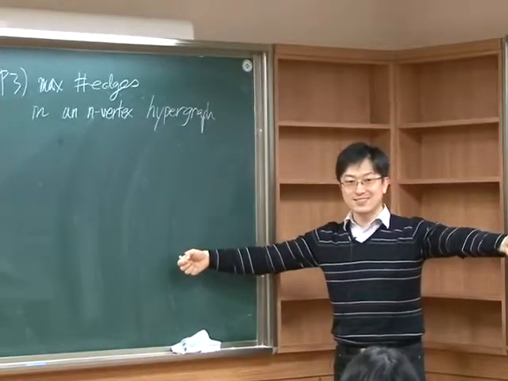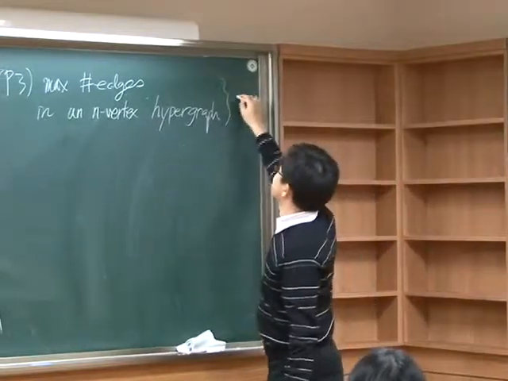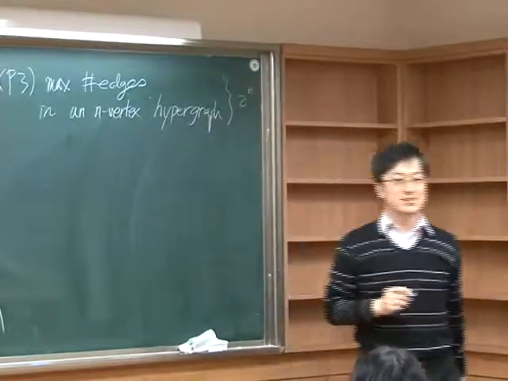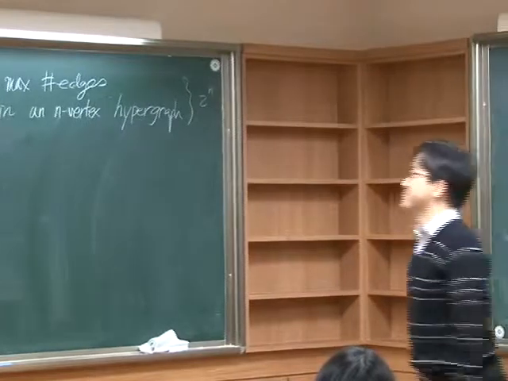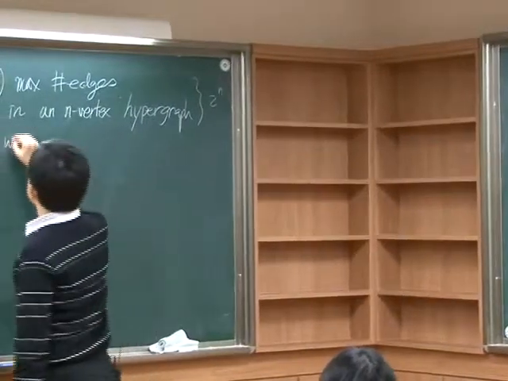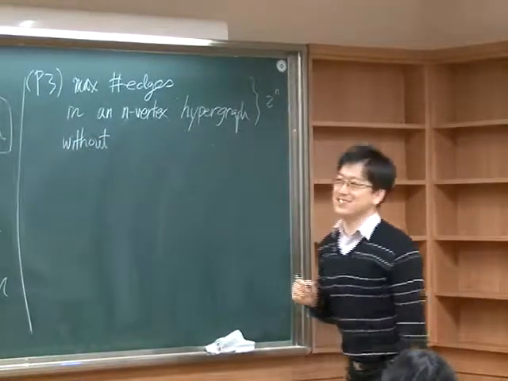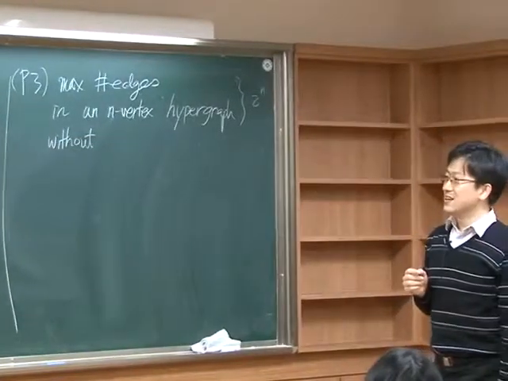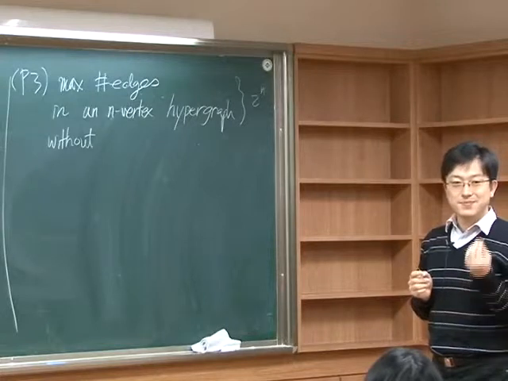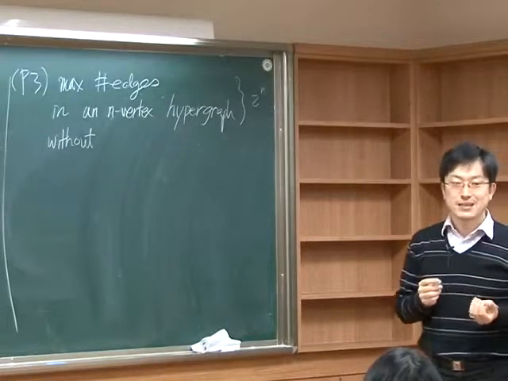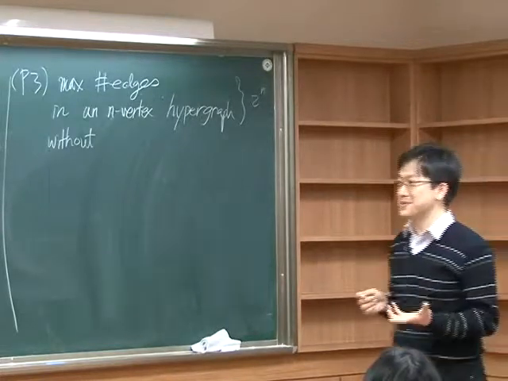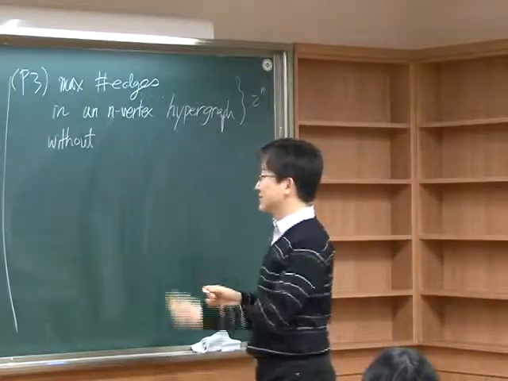So it's 2 to the n. If I just take those two things, then the maximum number of edges is 2 to the n. But we still want to have a similar thing. The problem is that we don't have a minor in the hypergraph. I mean, we may have a minor, but we don't have the right notion.